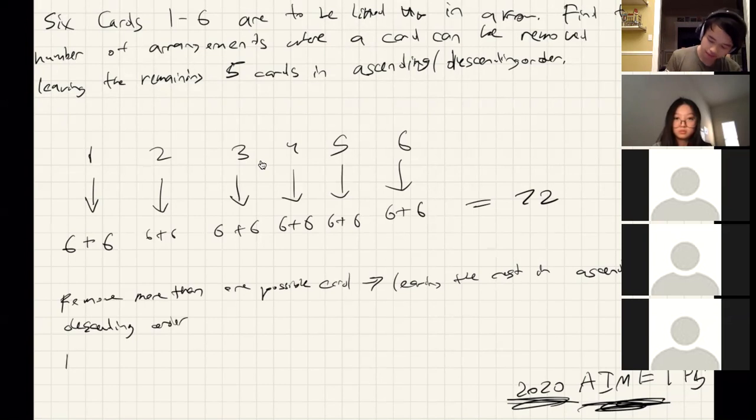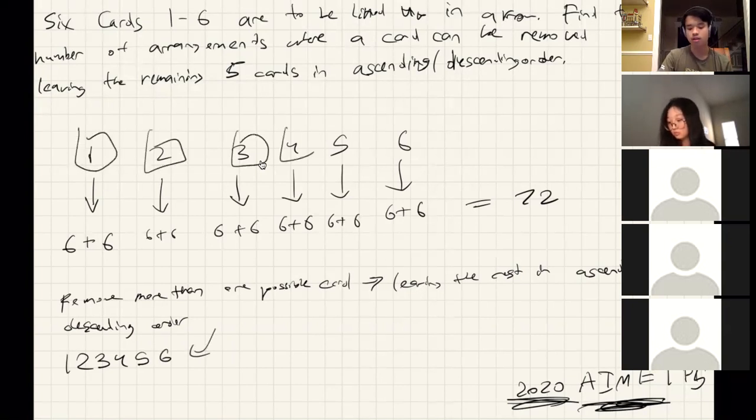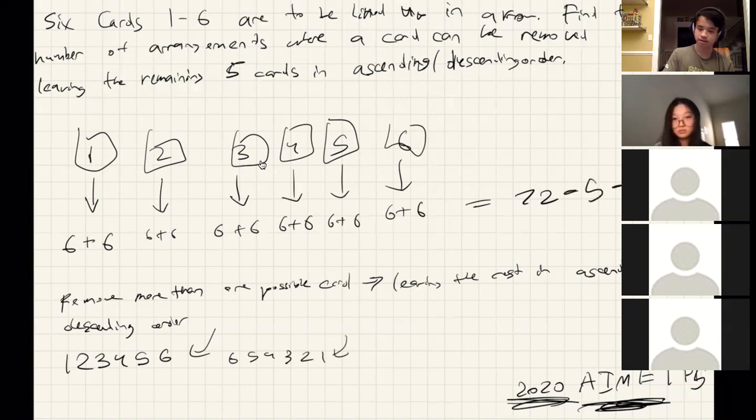So for example, you're overcounting 1, 2, 3, 4, 5, 6. You actually counted this 6 times, once for each integer, right? So similarly, you also double counted 6, 5, 4, 3, 2, 1. You've also counted this 6 times. So you want to subtract 5, then you subtract 5 again, right?